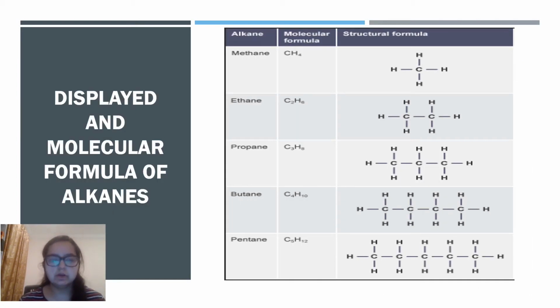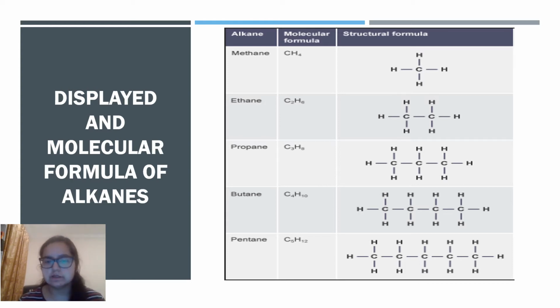So the displayed and molecular formulae of alkanes. Methane has the molecular formula CH4, and this is going to be its displayed formula. C, you can see H, H, H, H, so CH4. Now, all the carbon atoms will form four bonds. That's an important point to remember. All the carbon atoms will form four bonds.